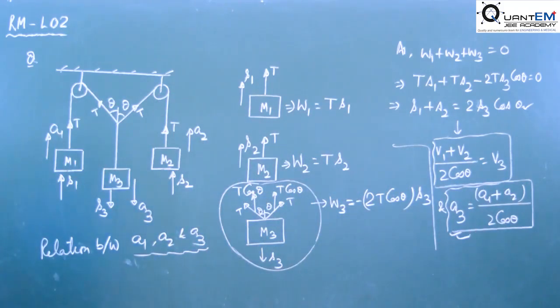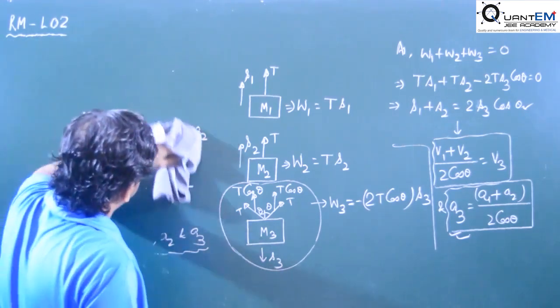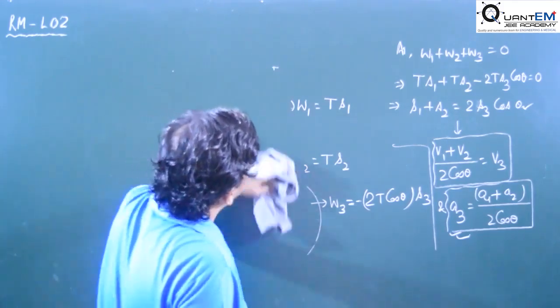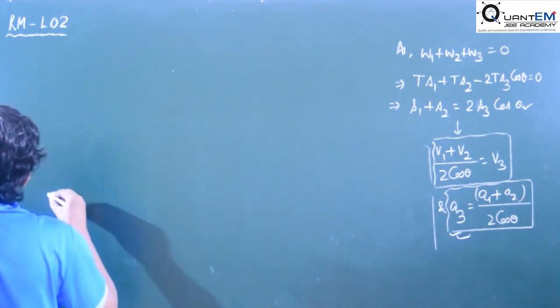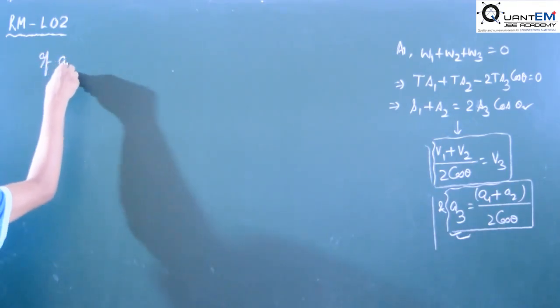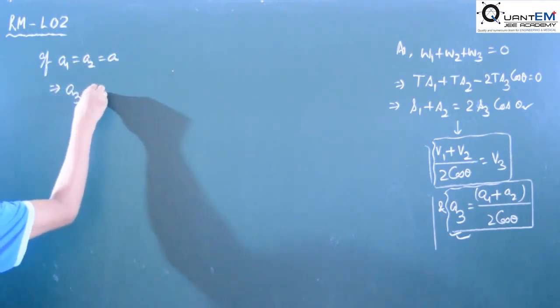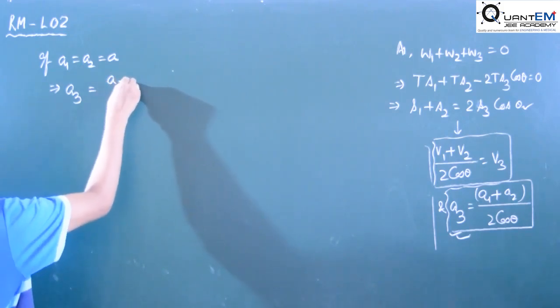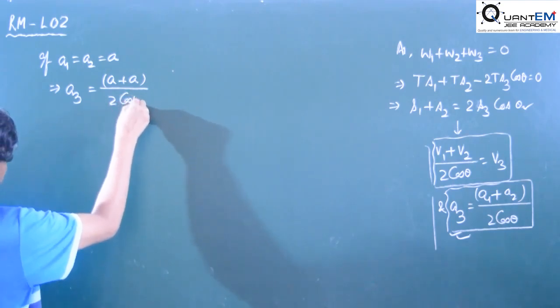Okay, now see, in the same question, if A1 is equal to A2 is equal to A, so it implies that A3 is equal to A plus A divided by what? 2 cos theta.